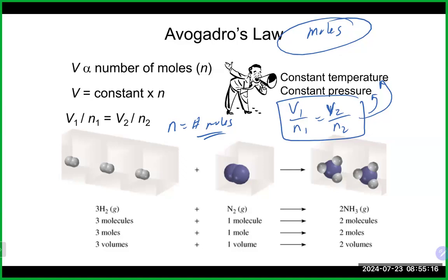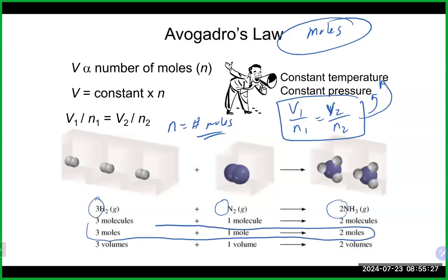So, for example, if we look at this equation, normally we would take our coefficients and, looking at the mole to mole relationship just like we do in stoichiometry, go 3 moles of H2, 1 mole of N2, 2 moles of NH3. Now, because of Avogadro's relationship, if this was done under constant temperature and pressure, and we were interested in how much volume of gas we would produce, we could do a volume to volume relationship.